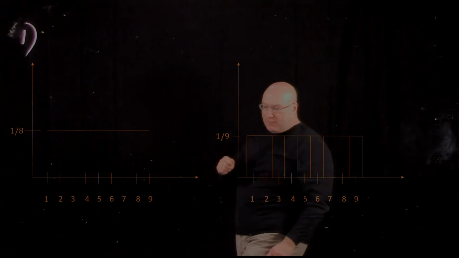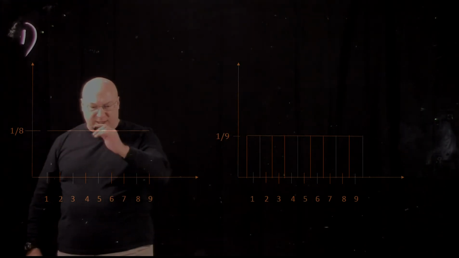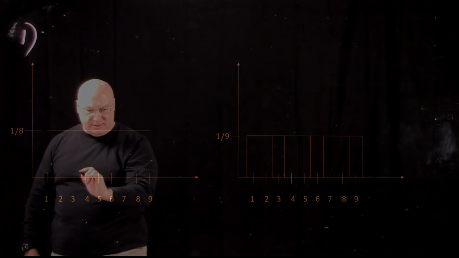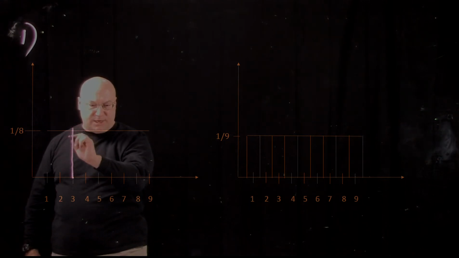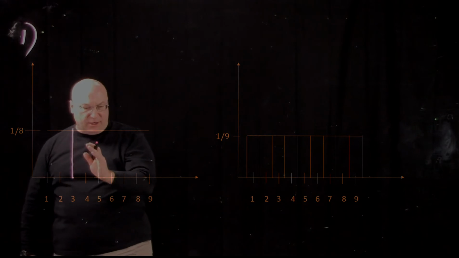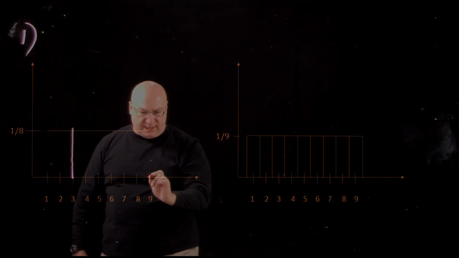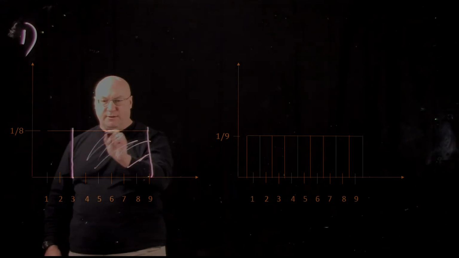Okay. I want the probability that x is greater than 3. So I really want the area. I'm going to start at 3, and I'm going to go up to my horizontal bar, and I'm going to go all the way over to 9 and go up, and I want this area.